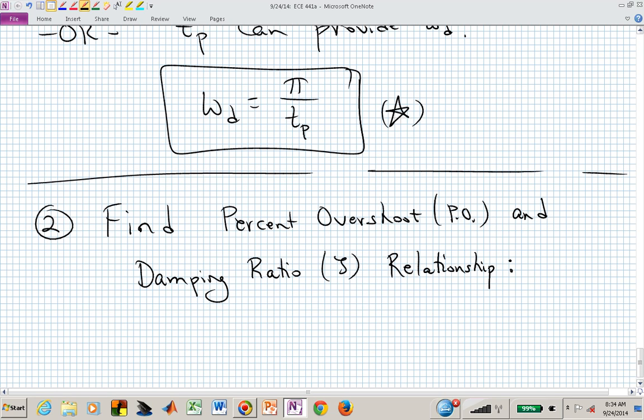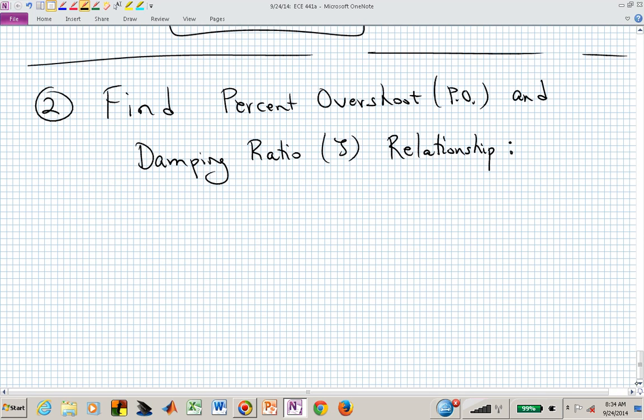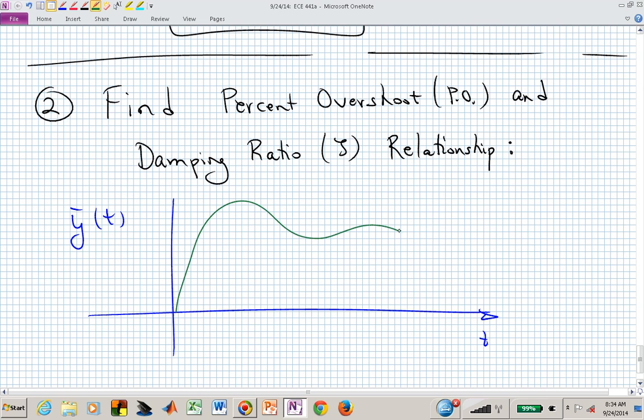The only thing that hasn't been done is finding the gain, and we'll have to use a different relationship for that. But here, do you remember how to find percent overshoot from a piece of data? You can do this for y bar or y. You don't have to know y bar.